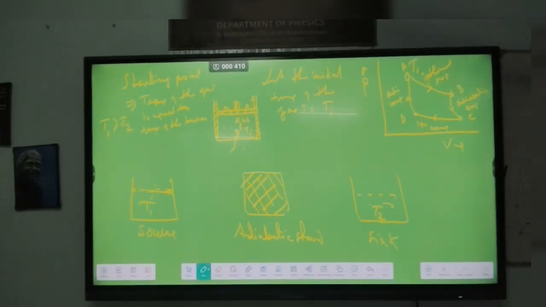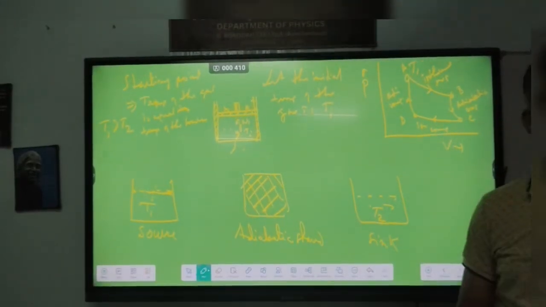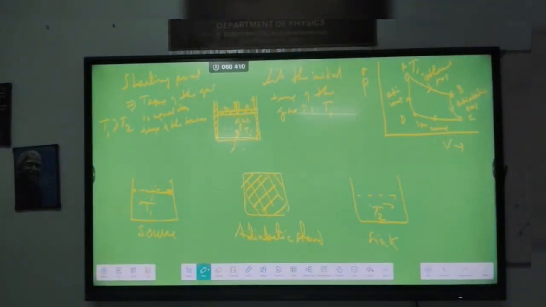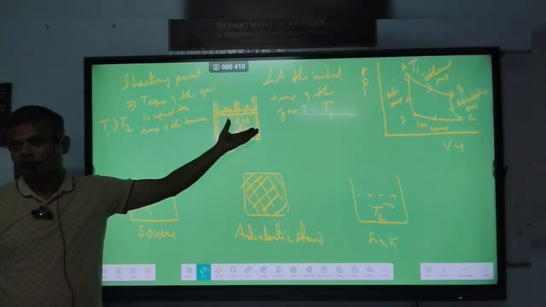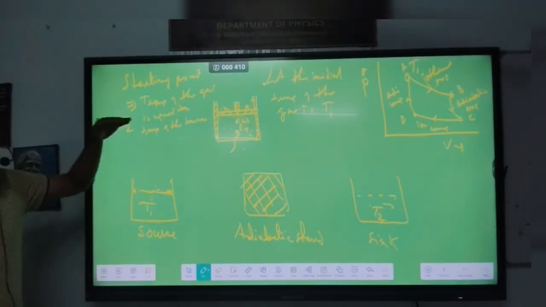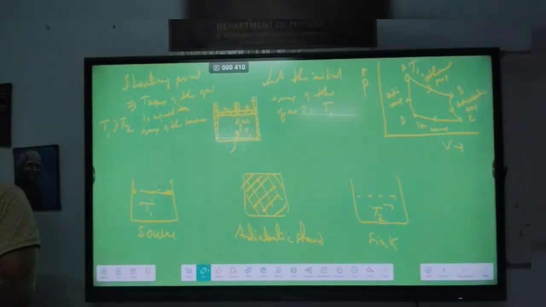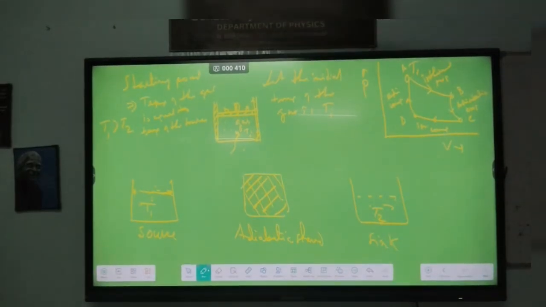Now the gas will expand isothermally from A to B. What can you do now? You have nothing else in your hands. You have only the source and the cylinder here, and the temperature of the gas is equal to the temperature of the source. Now I am asking you how you will start the isothermal expansion process.